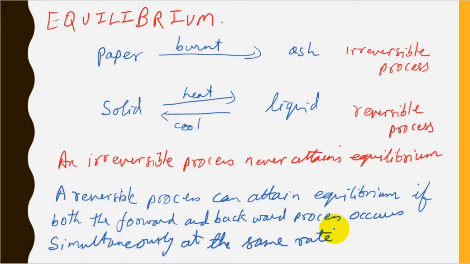Whatever the concentration was before and whatever it is now will be exactly the same. So it seems that there's no process taking place actually, but both processes will be taking place in full swing. It appears that nothing is happening. That state we'll call equilibrium.